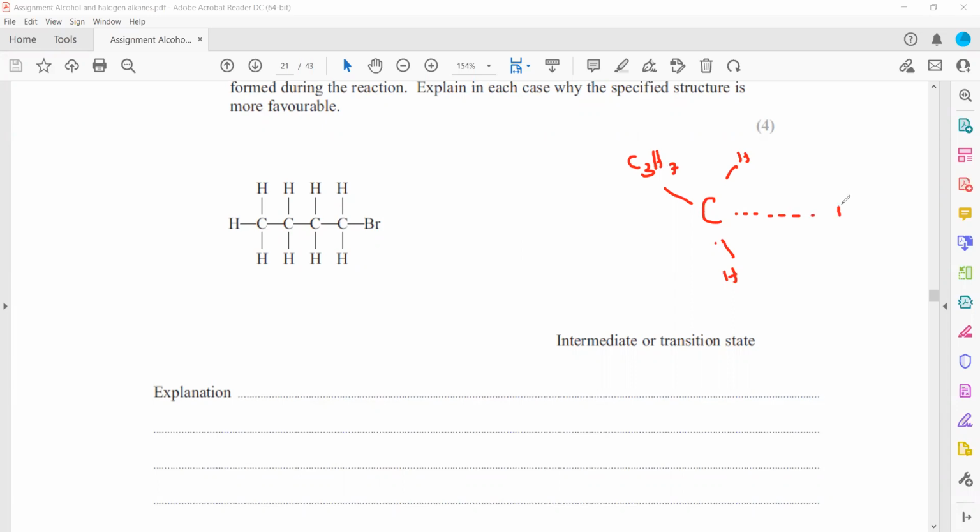In the intermediate, the OH will try to form a bond and Br will try to break the bond. Bond breaking and bond forming will take place at the same time, and the intermediate will have a negative charge on it.